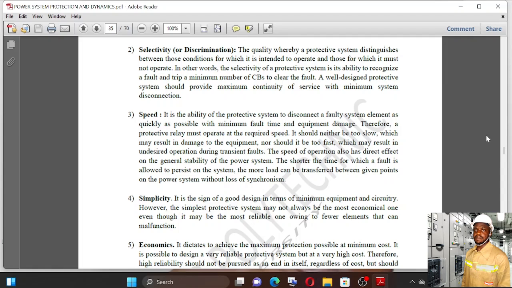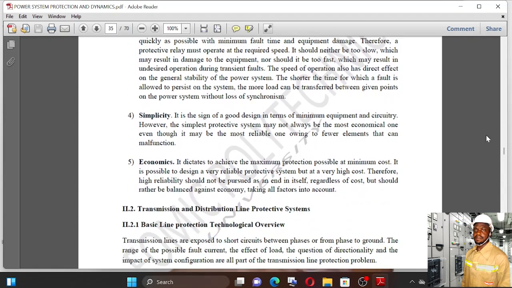So the protection scheme should be able to recognize this, and recognizing it is also an aspect of selectivity. But speed has to do with not being too fast or too slow to react, so it should be average.